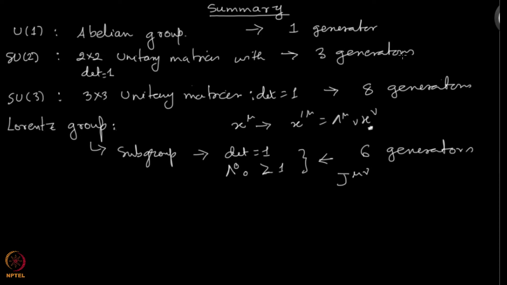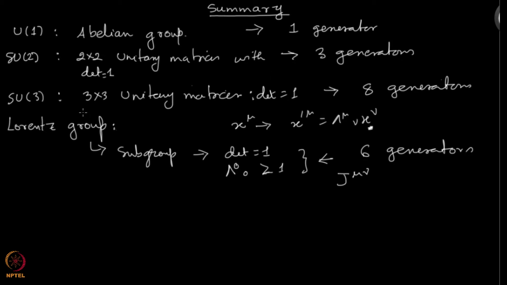So, we found that there are three generators T_A, T_B, T_C or T1, T2, T3, which are basically half of the Pauli matrices.